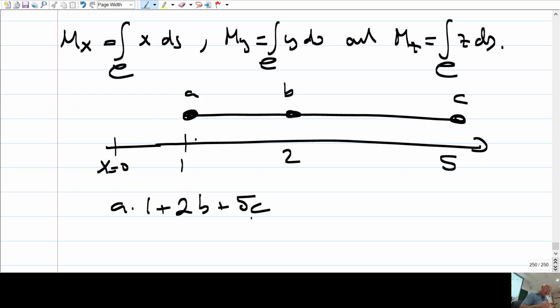Toplam kütleye bölersiniz, değil mi? A plus B plus C'ye bölersiniz. Okay. So if you had just three point masses here, then the center of mass would be just A times this, 2 times B, 5 times C divided by total mass.